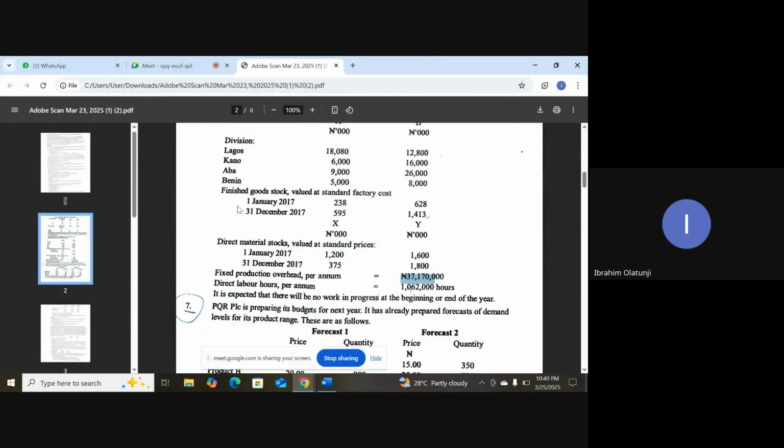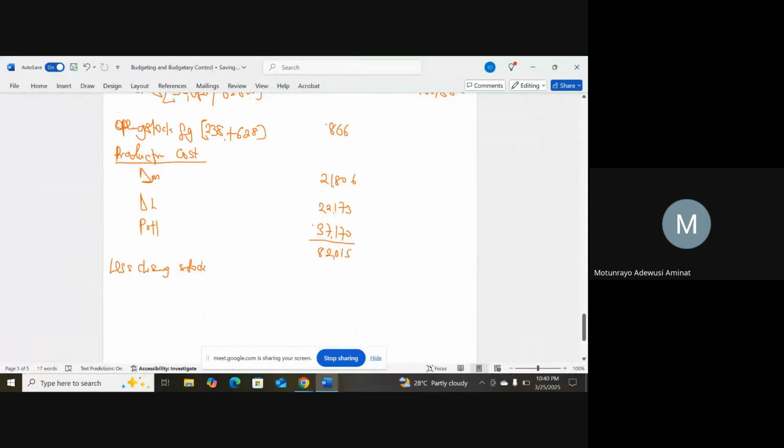Closing stock of finished goods, which is December: 595 plus 1,413. So what do you have?